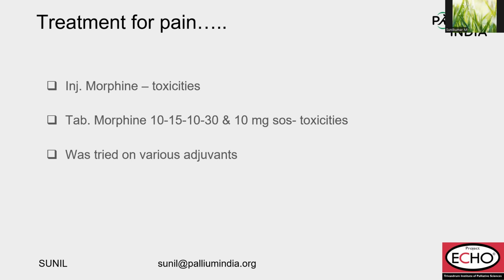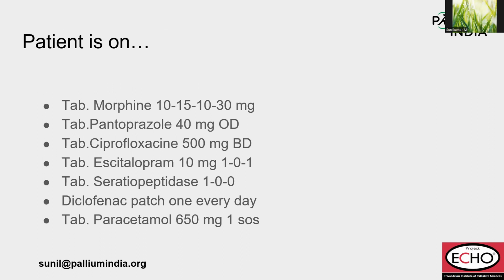He was also tried on various adjuvants, but there was no pain relief. The patient is on these medications: tab morphine, pantoprazole, ciprofloxacin, citalopram, serratiopeptidase, diclofenac patch, tab paracetamol 650 milligram, 1 SOS.